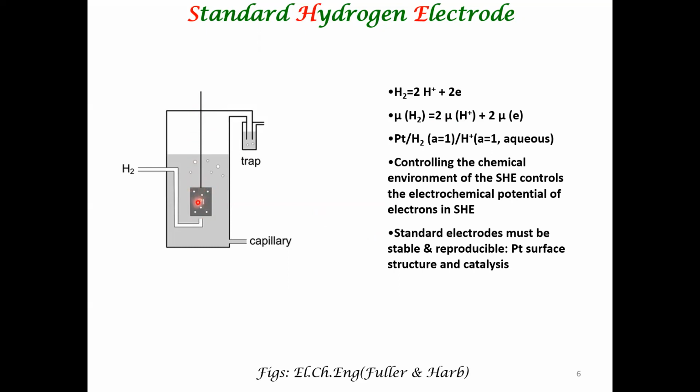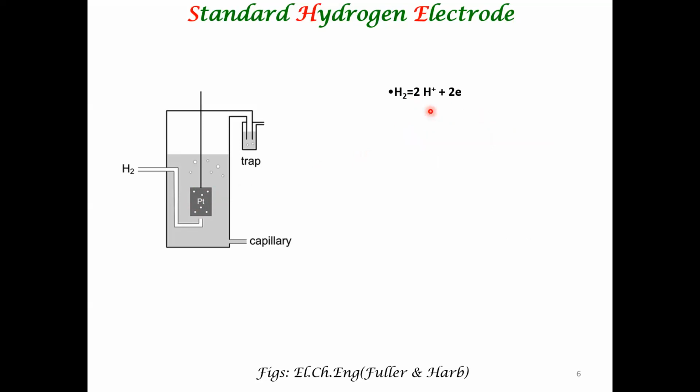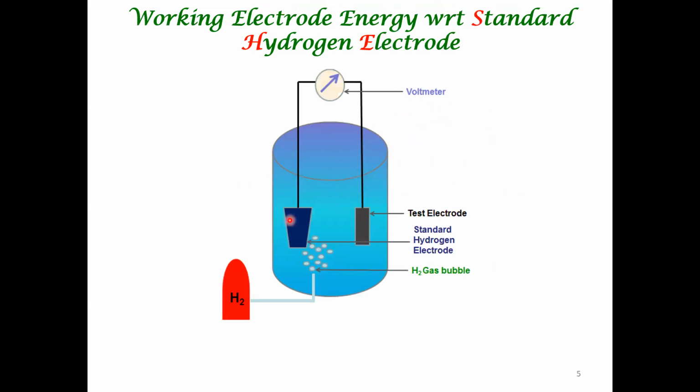So on one side, I have the energy of these electrons, which are established by this chemical equilibrium. Let's understand. I have established the energy of electrons here. Using such an energy level, I can measure the energy level of electron present in any other electrode.